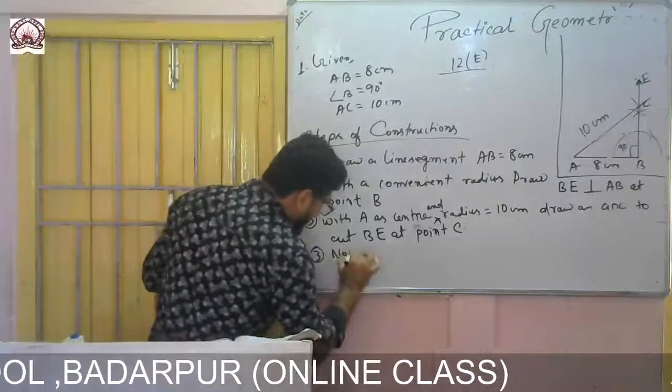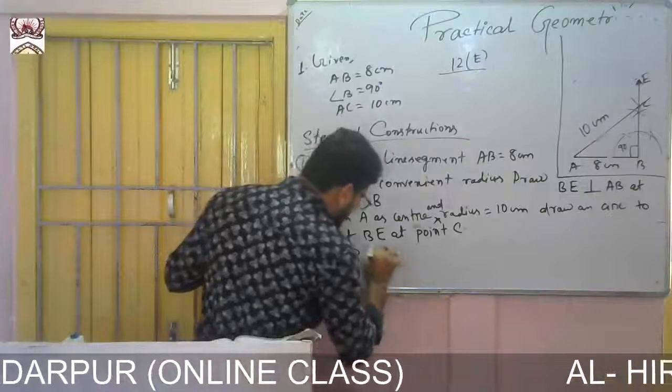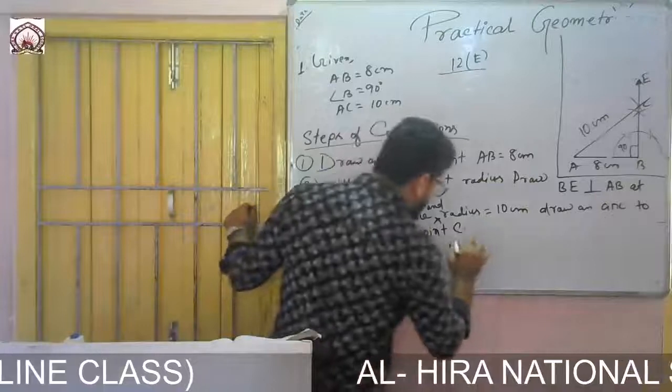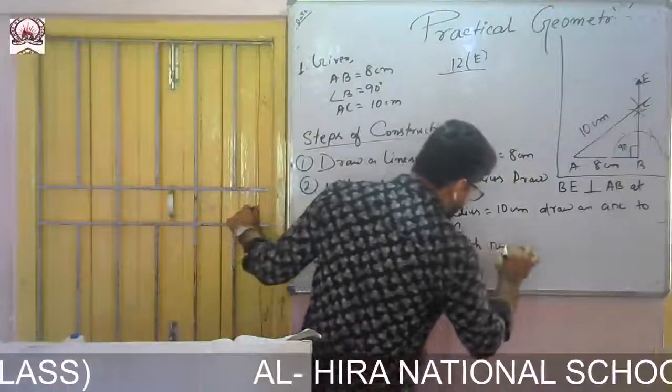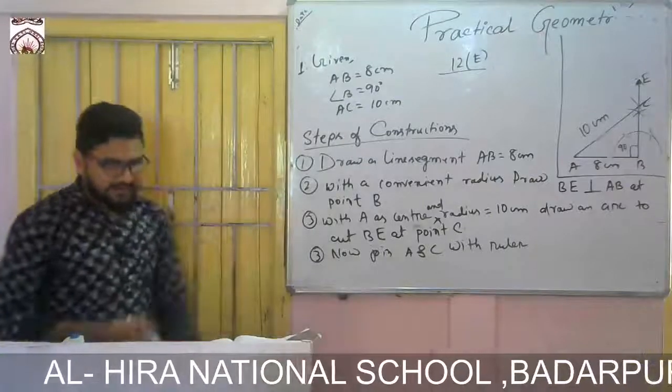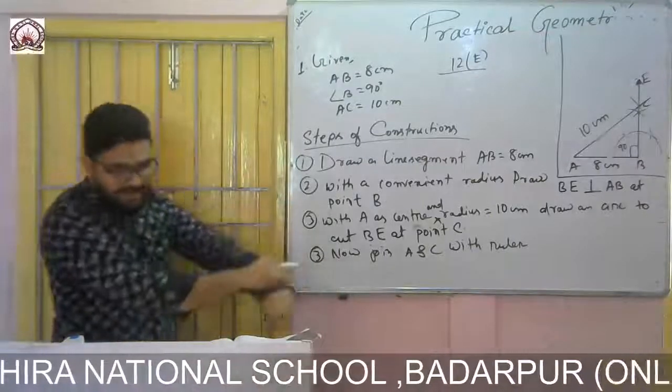Now join A and C with ruler. Then the right angled triangle ABC.